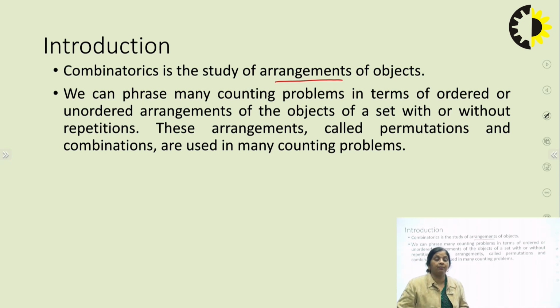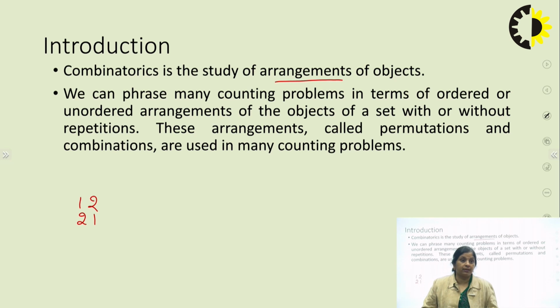We need to count how many arrangements there are. For example, if I have two numbers, 1 and 2, and I decide to arrange them in some order, I have different orders. Firstly I take 1, then I take 2. The other is I take 2 first and then 1. So I have two ways to arrange.